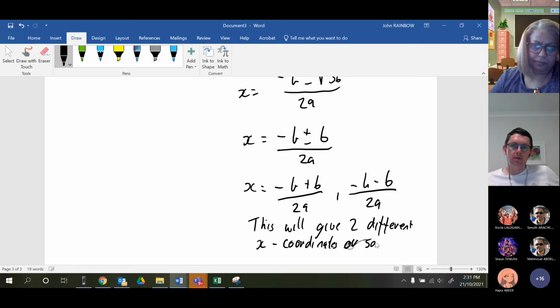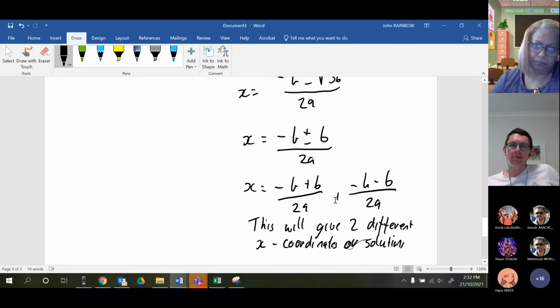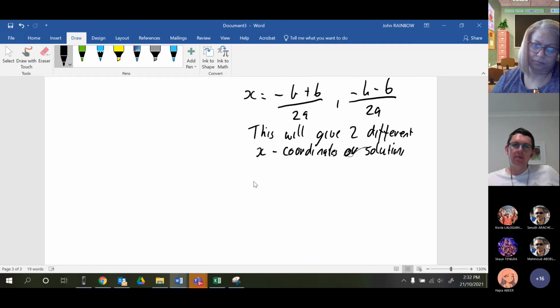Or solutions. Oh, okay. How would you just get one answer? If I just wanted one answer, x equals negative b plus or minus the square root of something on 2a.